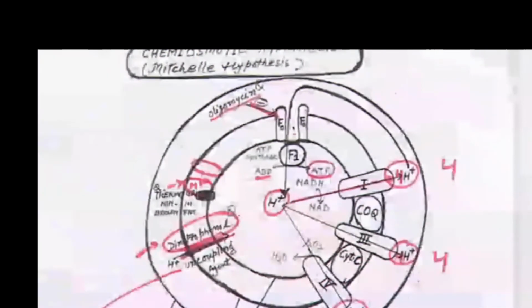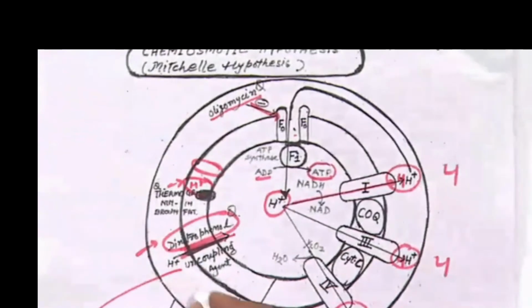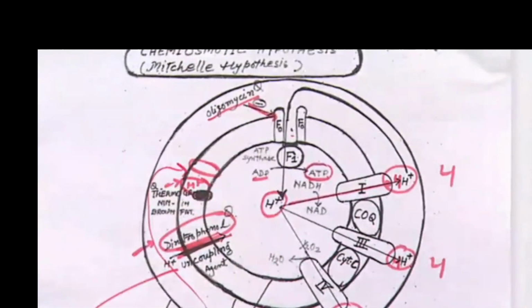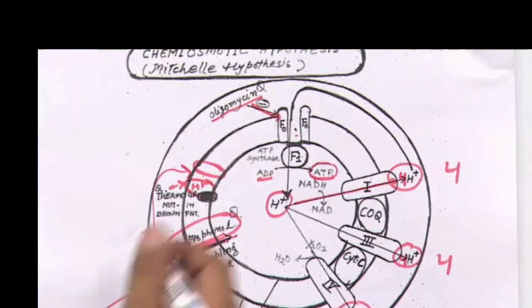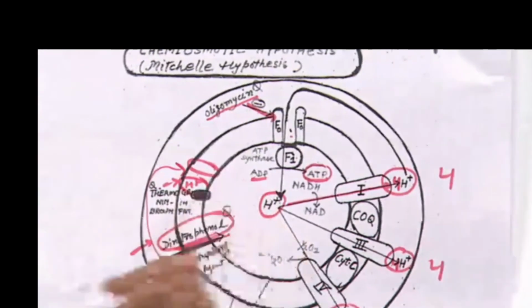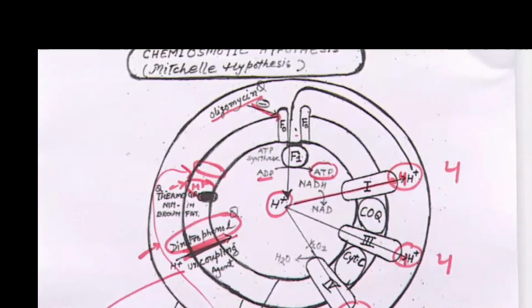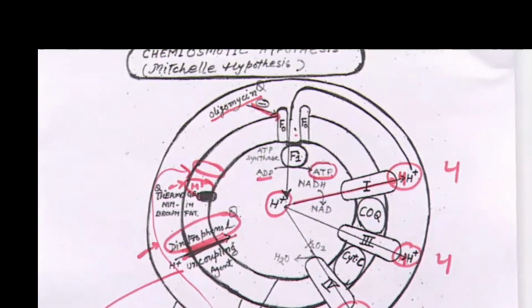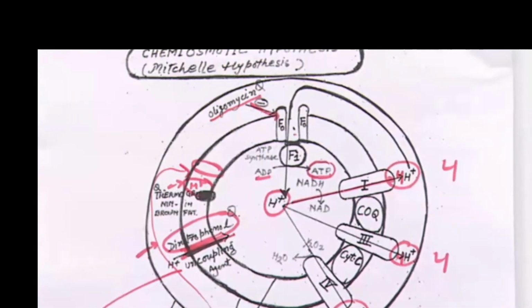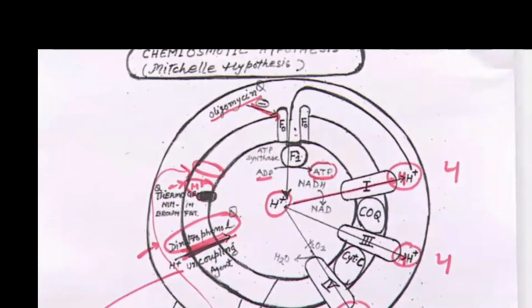So H+ will pass through this thermogenin. No ATP will be produced, and that energy will be released as heat. Non-shivering thermogenesis. So this is found in nature, and this acts as an uncoupler. So that is why it is called natural uncoupler, found in brown fat. Clear?